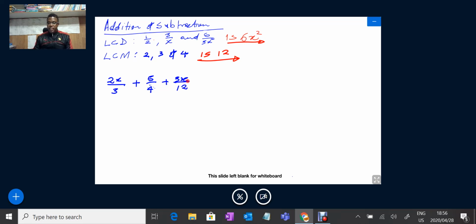What is the LCD here? We said an LCD is the lowest common denominator. And the LCD must enable us to do our operation, meaning that it must be able to divide 12, it must be able to divide 4, to be divided by 4, it must be able to be divided by a 3.